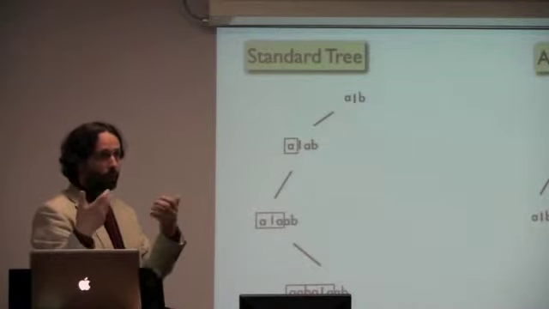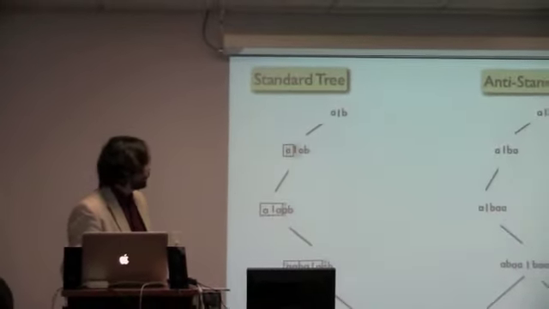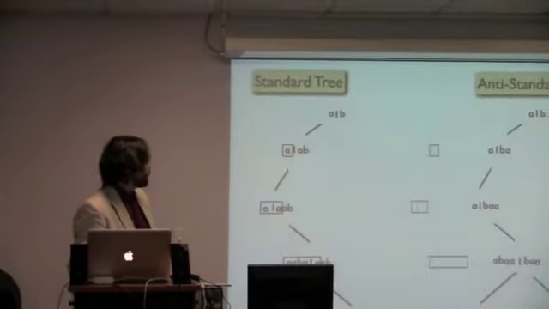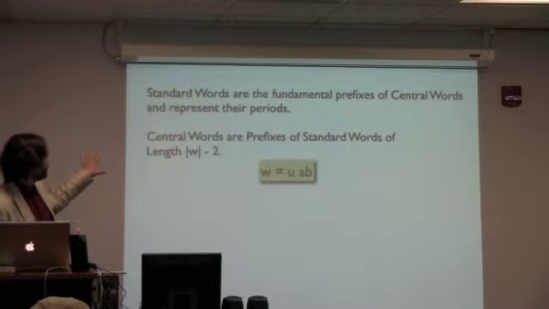So to say, these hexachords are useful to keep some ambiguity and you have a shorter structure. And as soon as you have one more letter, you get into this world of standard words. So let me give you some musical examples here on the anti-standard tree. I summarized this: the standard words are the fundamental prefixes of central words and represent their periods, and the central words are the prefixes of the standard words of length minus 2. And the same thing equally for the anti-standard words.